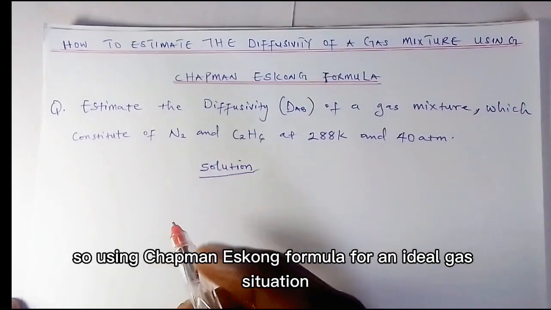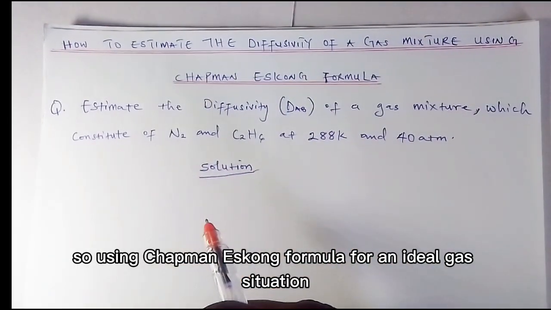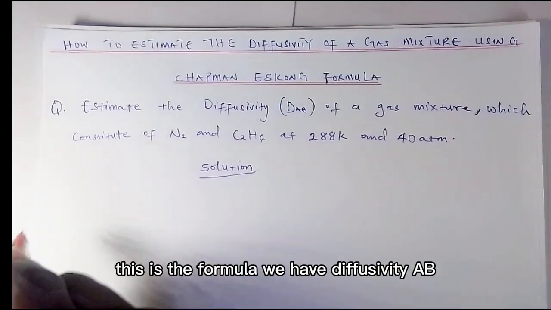So using the Chapman-Enskog formula for an ideal gas situation, this is the formula.